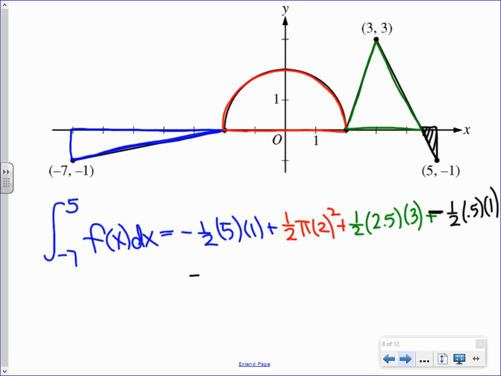So 1 plus 2 pi. More than likely, that's how you'll see it.